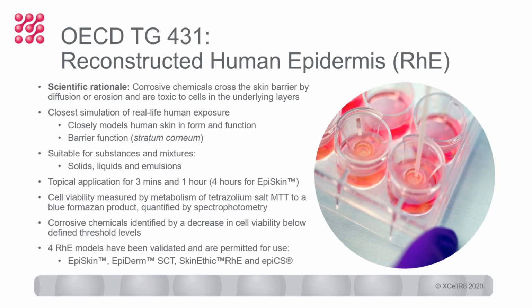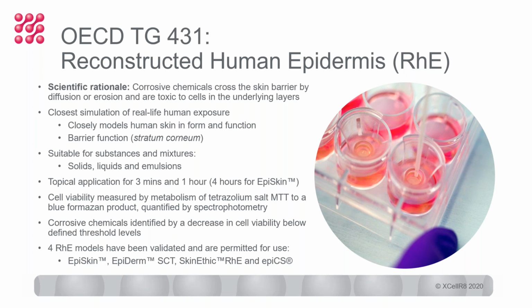Now, the scientific rationale behind this test is that corrosive chemicals cross the skin barrier either by diffusion or by erosion, and that when they cross that barrier and the skin cells underneath are exposed to that chemical, the chemical is toxic to those underlying cell layers. This provides the closest possible simulation of real-life human exposure. This is the closest that we can get without doing human trials, which clearly wouldn't be ethical for an endpoint like this.